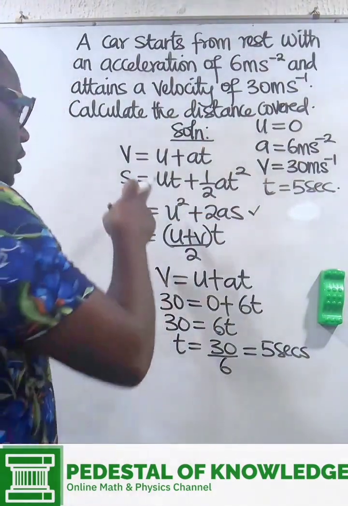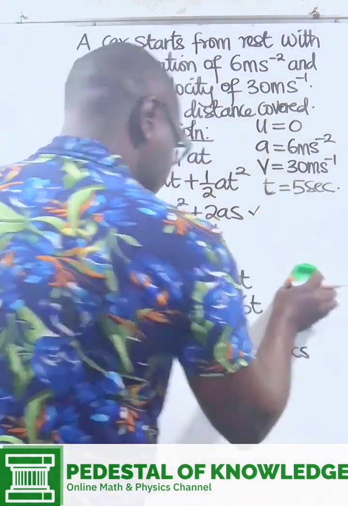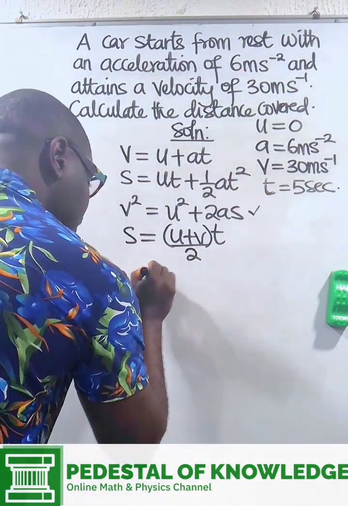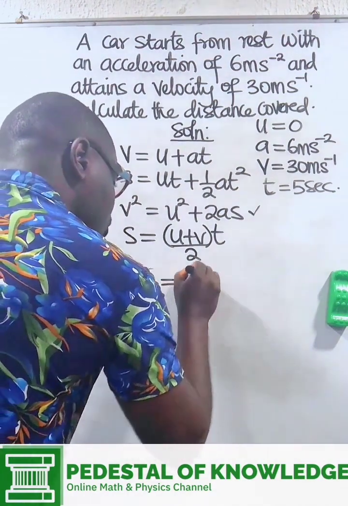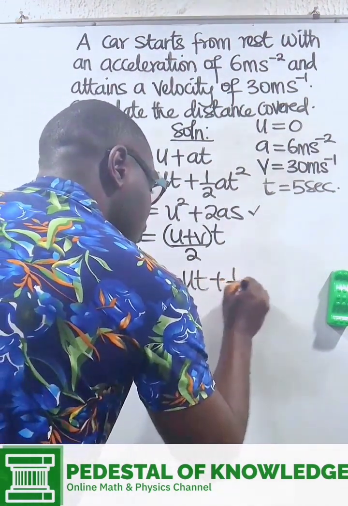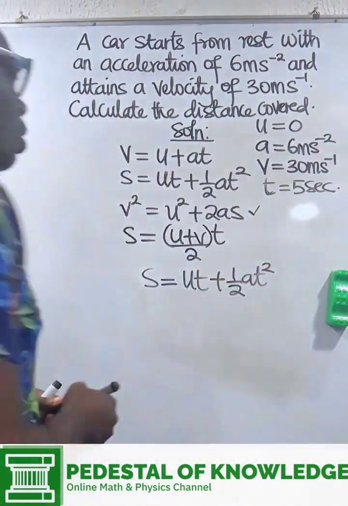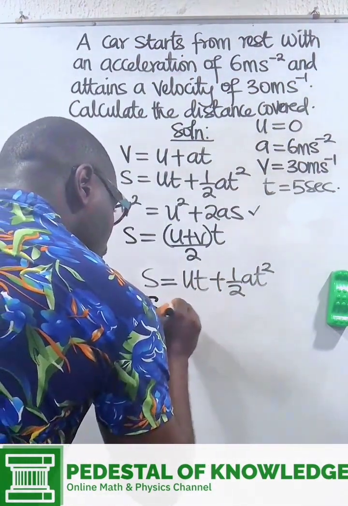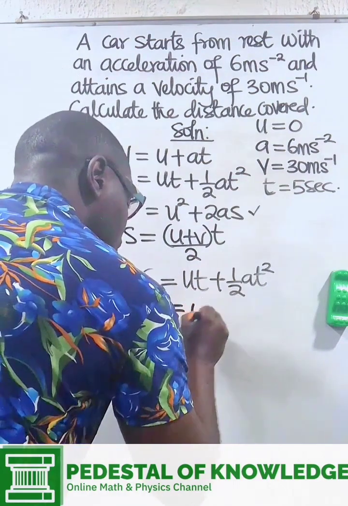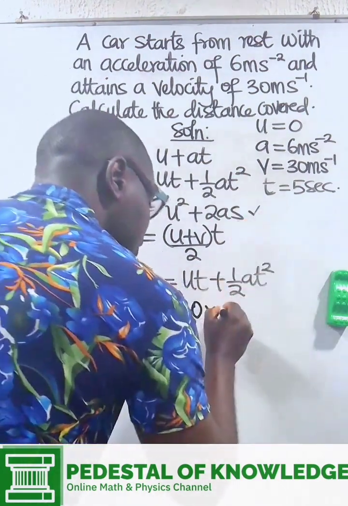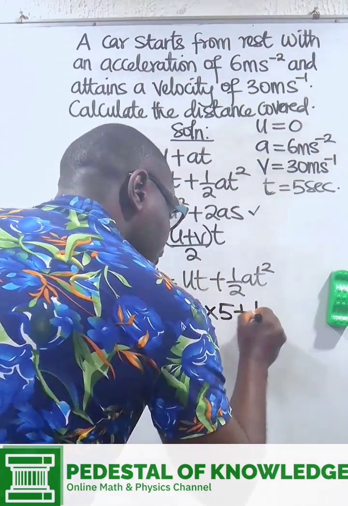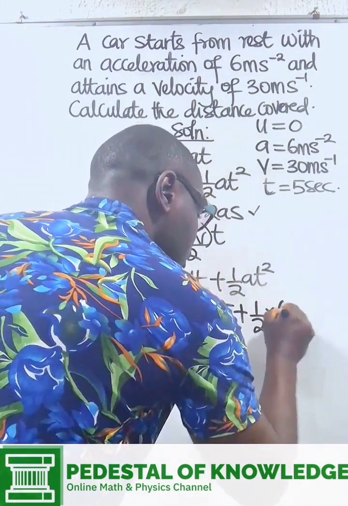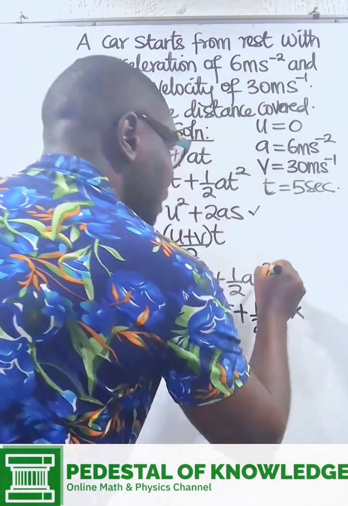Alright, now let us use this equation to get the answer. Using this equation, we have S is equal to UT plus half AT squared. Okay, now we substitute for the values. S is equal to U, which is 0, multiplied by t, which is 5, plus half multiplied by the acceleration a, which is 6, then multiplied by the time, which is 5.